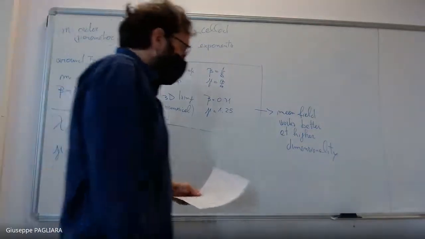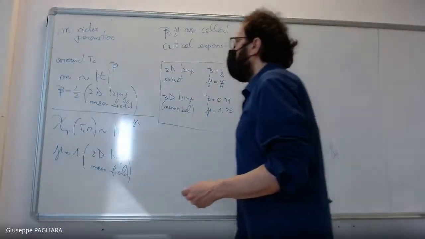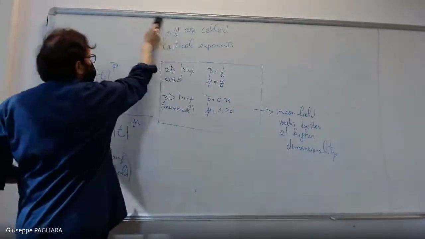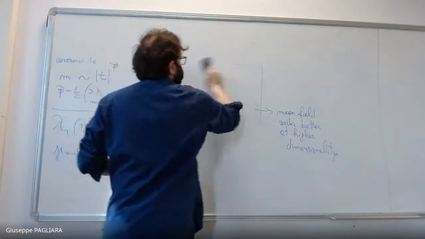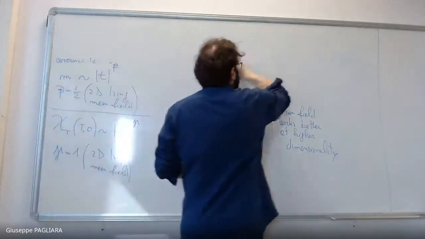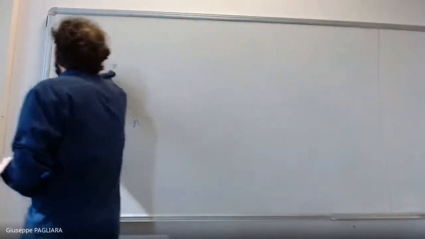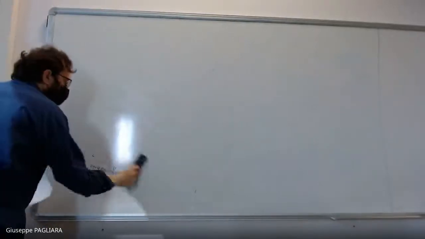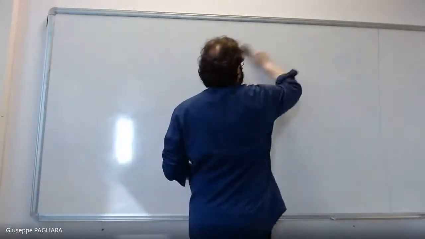Now, another critical exponent that one needs to introduce characterizes the behavior of the heat capacity. We have in total 6 critical exponents, which actually are not disconnected. I'm not sure how much time I will have to comment on this here. Anyway, let's do what we manage.